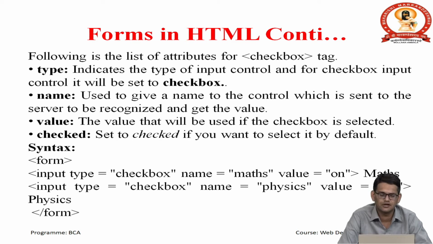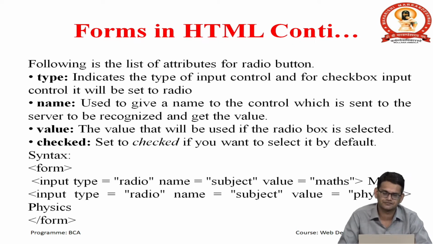In this way we can set the value. Next one is checked. Suppose we want the checkbox to be already selected, then we need to set the checked attribute. In the example you can see input type equal to checkbox, name equal to math, value equal to on. Input type equal to checkbox, name equal to physics, value equal to on.